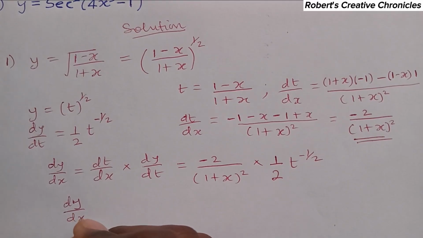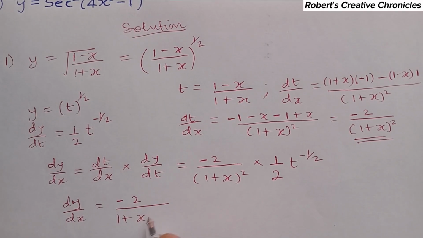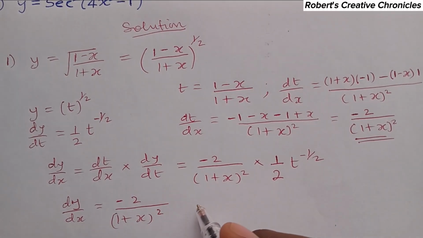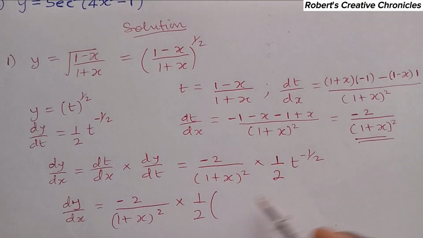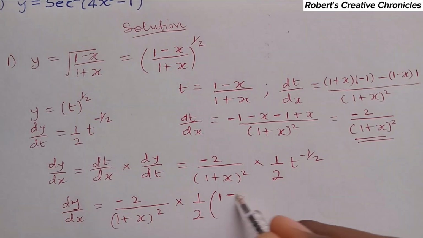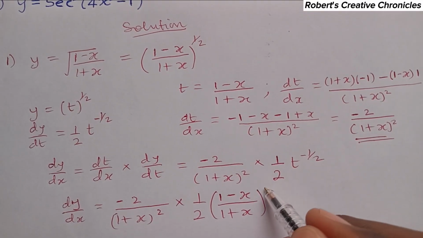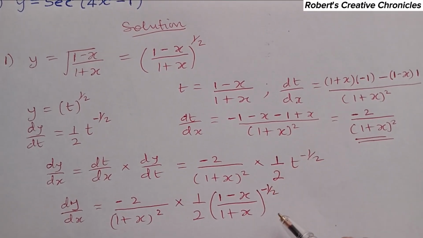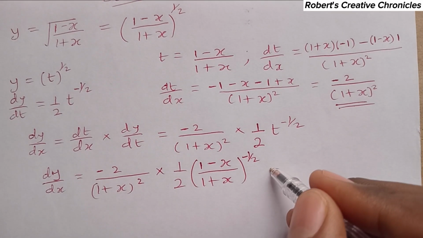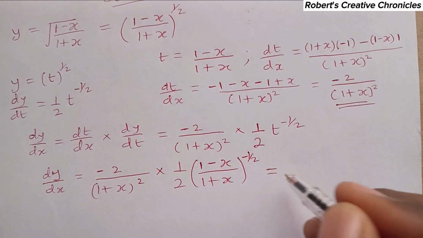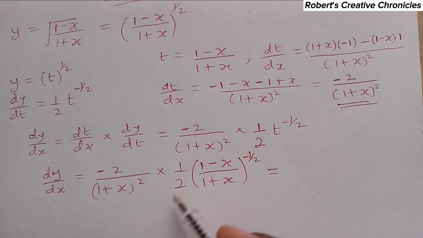So now dy over dx is equal to minus 2 over 1 plus x squared times half. t is what? It's 1 minus x over 1 plus x, then raised to the power of minus half. So this becomes what? Negative 2 and 2 here will cancel.